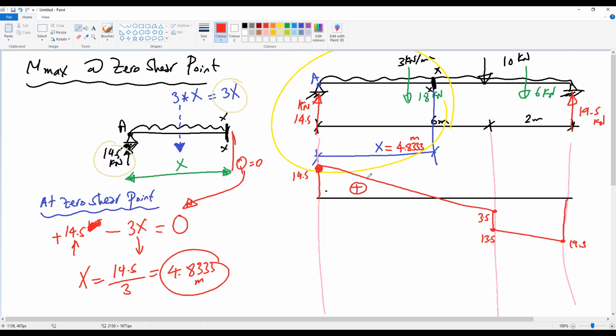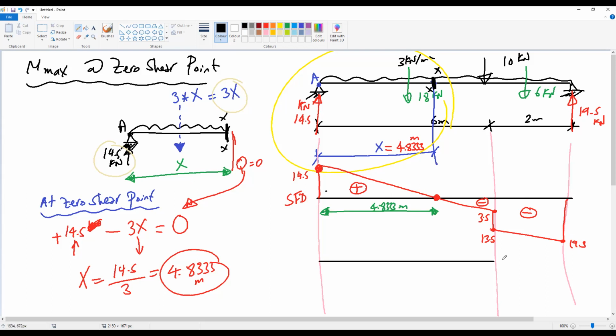This part is positive, and these are negative, negative. So this is our shear force diagram. The point of zero shear is at a distance of 4.8333 meter. So we get the location of the zero shear. How do we find the value of the maximum moment?